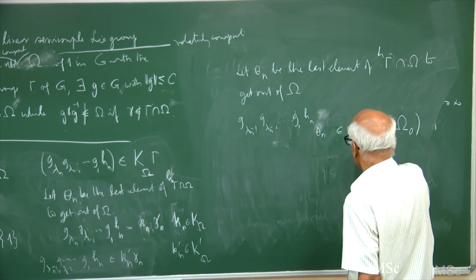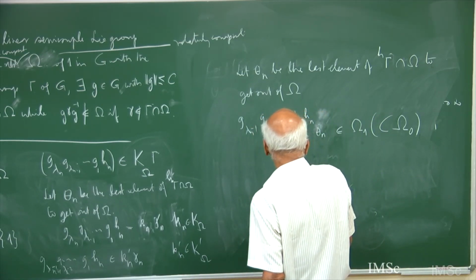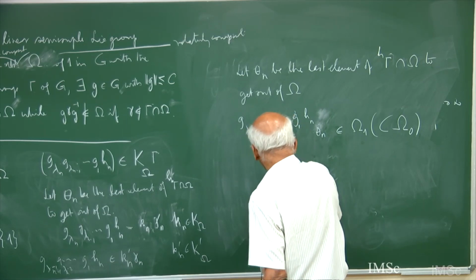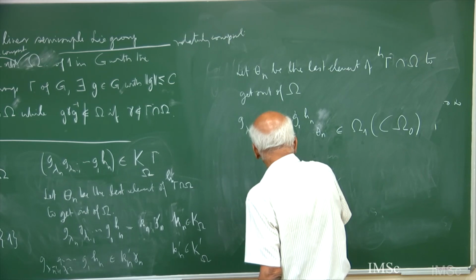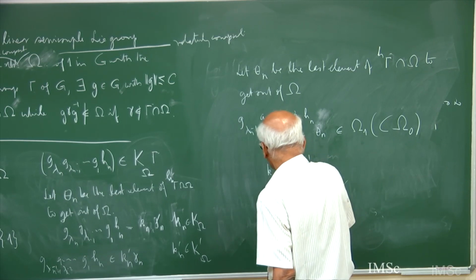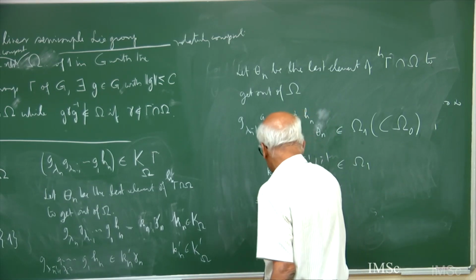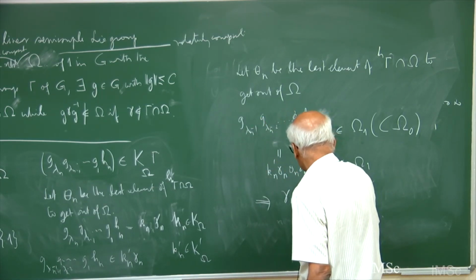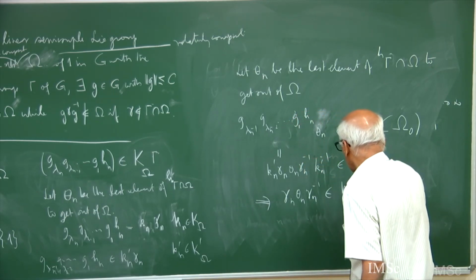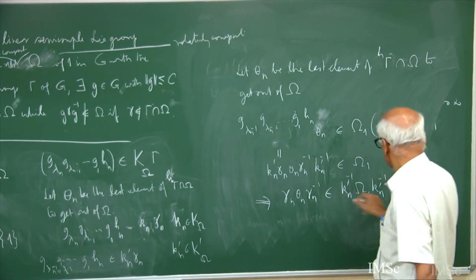This is in omega 1, that means this element, I have written this element as Kn gamma n theta n gamma n inverse Kn prime inverse omega n, which implies gamma n theta n gamma n inverse is in Kn prime inverse omega 1 Kn prime inverse Kn prime.